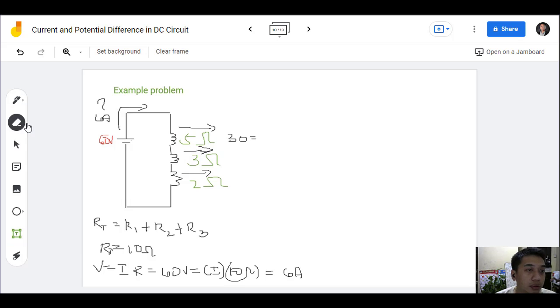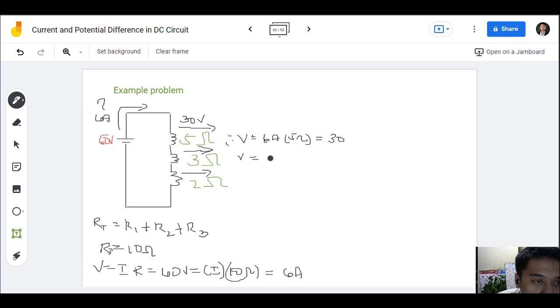Voltage across nga pala is equal to 6 amperes times 5 ohms, so that will become 30 volts.